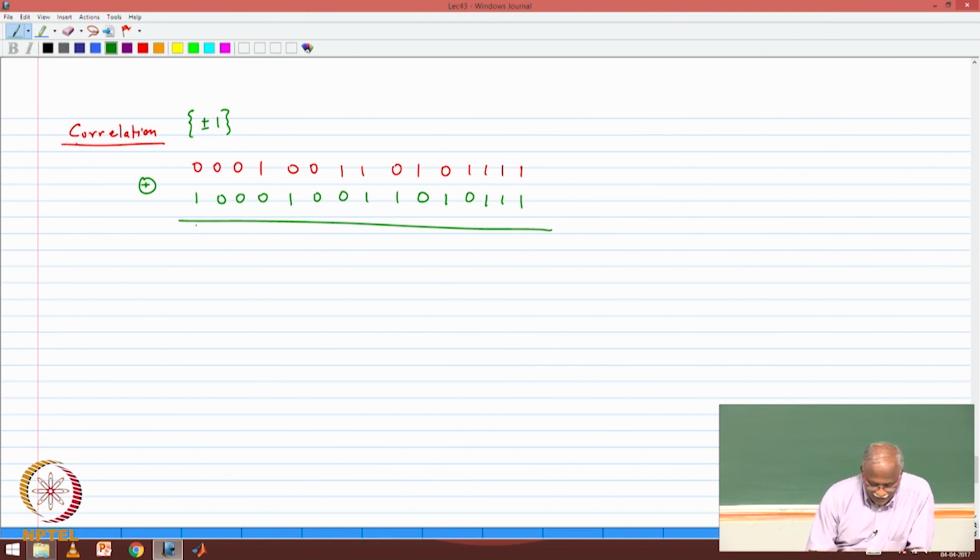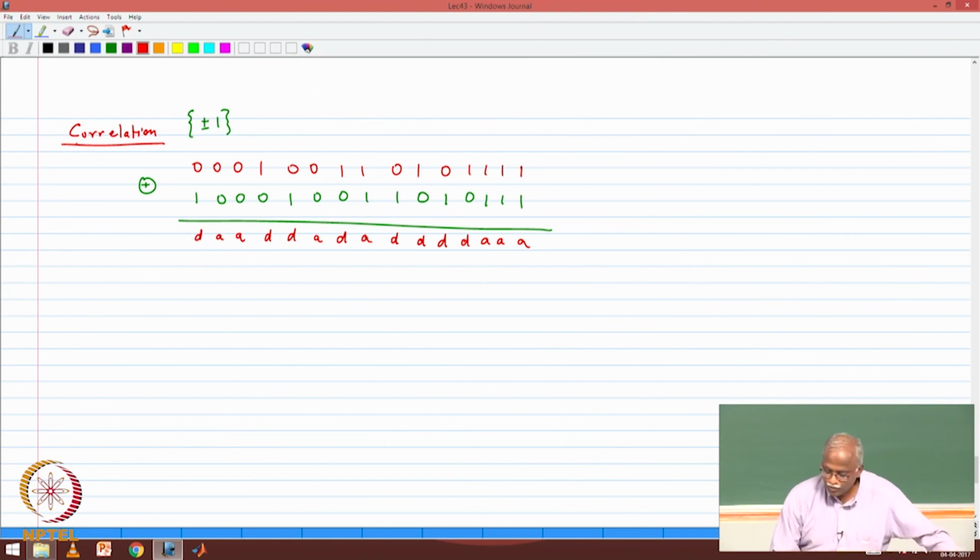So basically, you have to find out where all the bits agree and where they disagree. So disagree means the output will be 1, agree means the output will be 0. So: agree, disagree, disagree, agree, disagree, agree, disagree, disagree, disagree, disagree, agree, agree, agree.